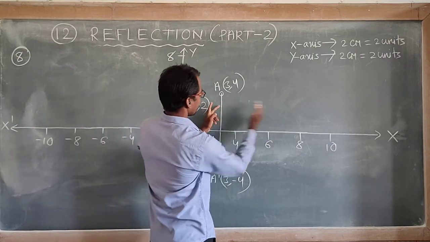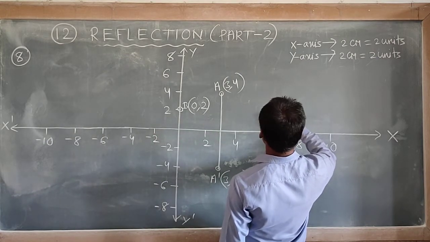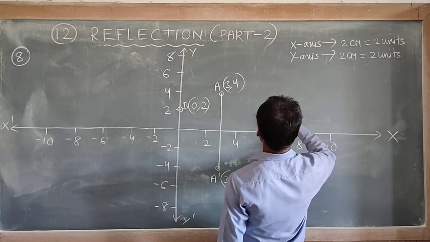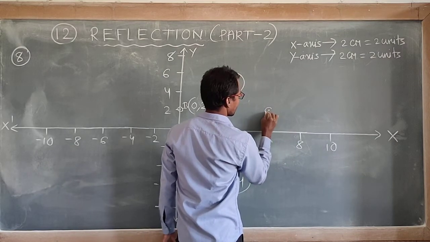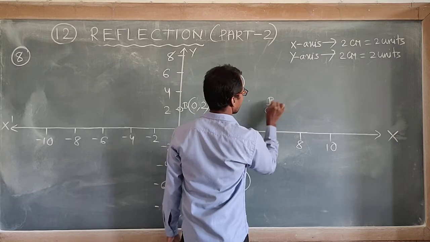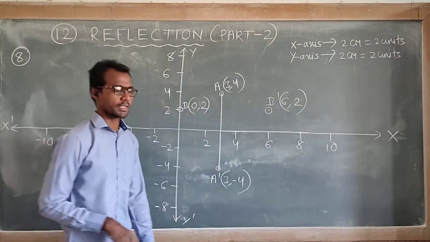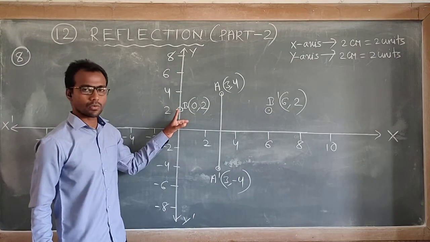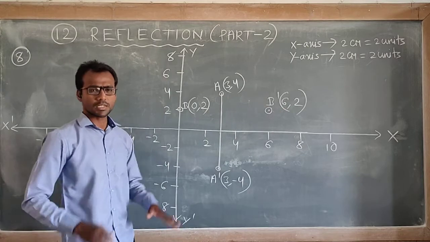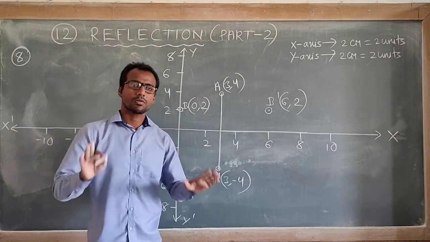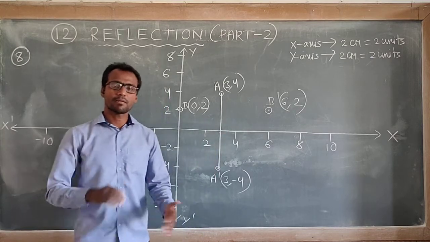So 3 behind the mirror means here it will be formed, 6, 2. So this point is B dash. Its coordinates are 6, 2. So 0, 2 was transformed to 6, 2. Just use your concept of physics, law of reflection. Object distance is equal to image distance, and reflect the point.